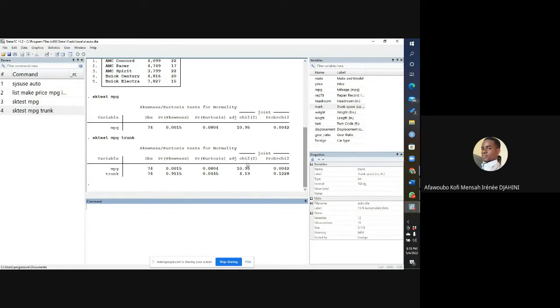Can somebody who understands what he's saying help me? He's asking about the PR for the skewness and the kurtosis.